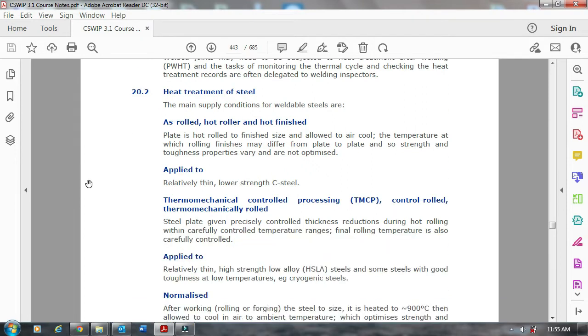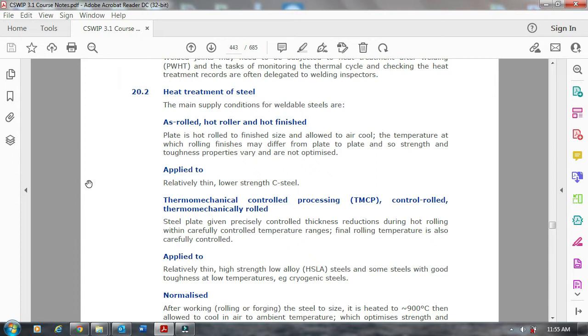Heat treatment of steel: the main supply conditions for weldable steel are as rolled, hot rolled or hot finished. Plate is hot rolled to finished size and allowed to cool in the air. The temperature at which cooling finishes may differ from plate to plate, so strength and toughness properties may vary and are not optimized.